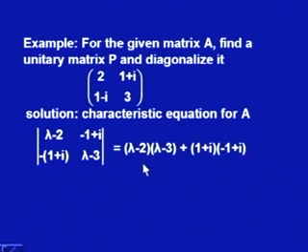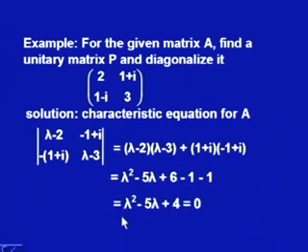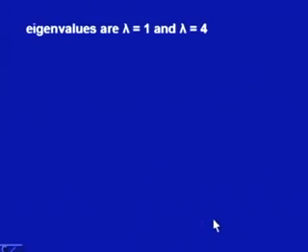One can simplify it: lambda minus 2 into lambda minus 3, minus 1 plus i into minus 1 minus i. Performing this multiplication, it is lambda square minus 5 lambda plus 6 from this part, and from the other part we get minus 1 minus 1, which gives lambda square minus 5 lambda plus 4 equal to 0. When you factorize it, it is lambda minus 1 into lambda minus 4 equal to 0, and that gives us the eigenvalues lambda equal to 1 and lambda equal to 4.